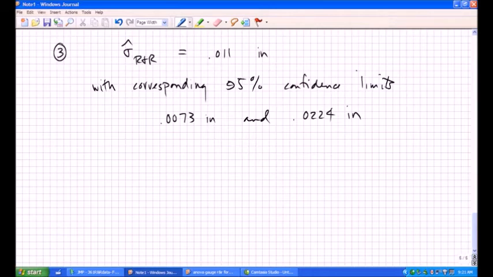And then the combination of those two things, sigma R and R. What do we see from these confidence limits? Well, there's a lot of uncertainty here because sample sizes are small. There's only 3 operators involved. So one doesn't have a huge amount of precision for knowing what sigma reproducibility is.